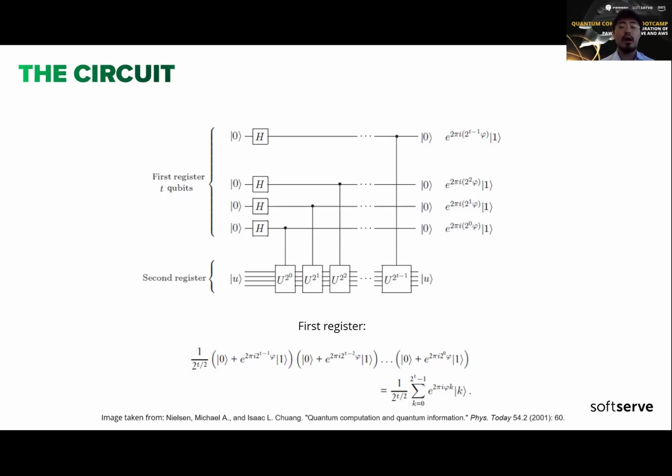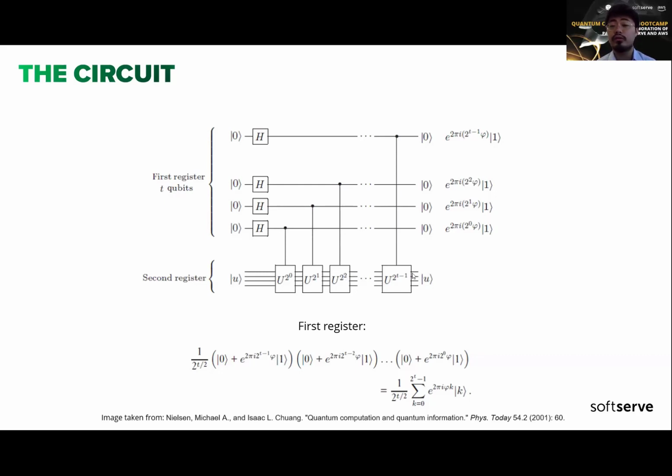So really step 0 is just implementing your quantum state preparation for your second register. While you're doing that, you can also perform the Hadamard transform on the t qubits of your first register. What this gets you is a uniform superposition of states. After that, we will be applying control U to the power of j gates onto the second register.